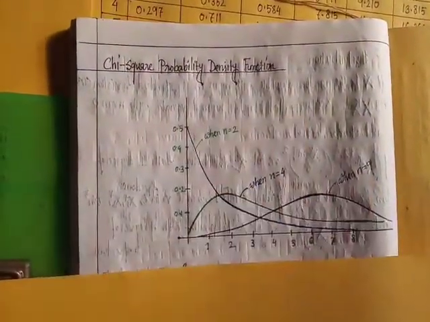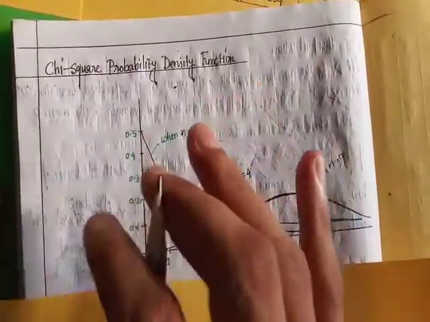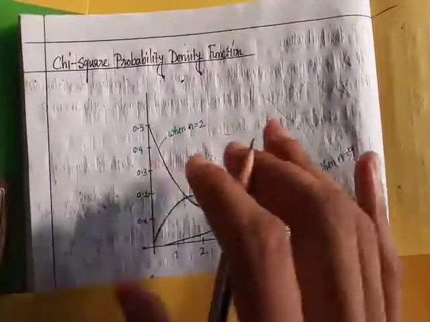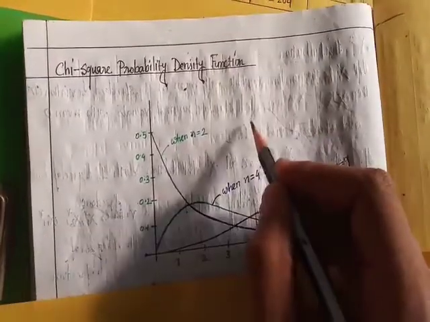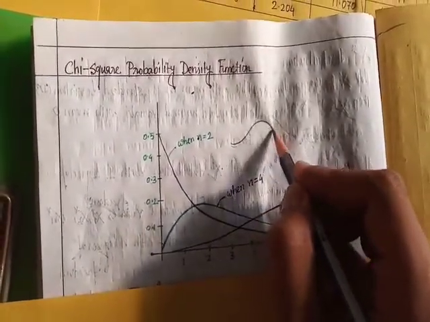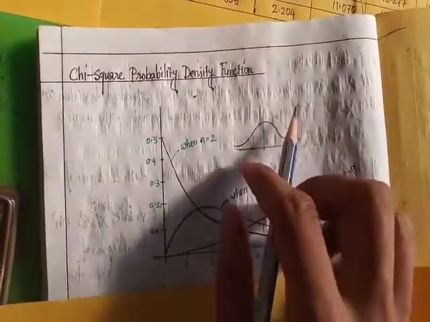Also note that chi-square is the square of a standard normal variate. The standard normal density curve is this, which is symmetrical.